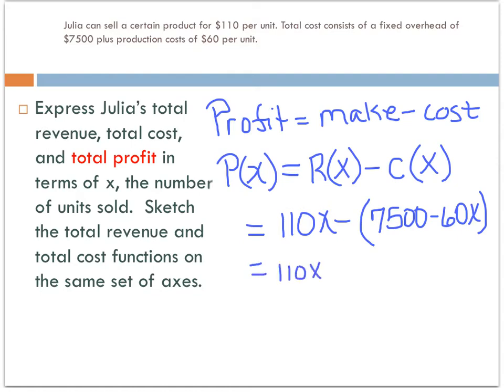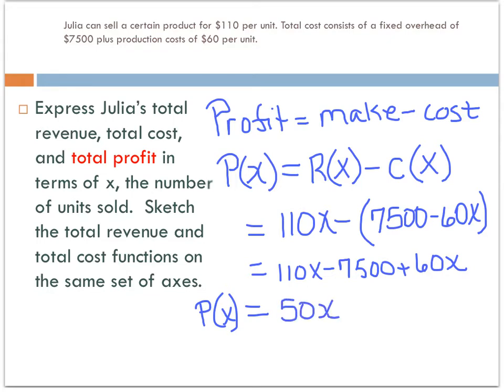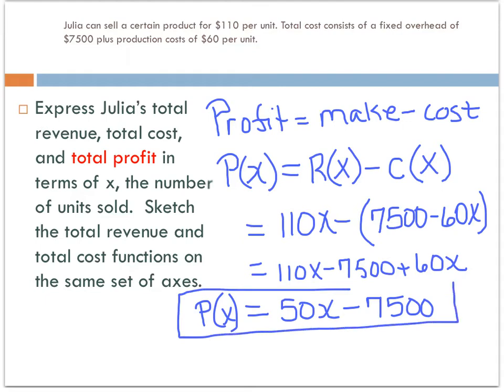So we have 110x minus 7500, plus 60x. Oh wait, that becomes minus 60x because we distribute the minus 1. Ultimately, our profit function becomes 50x minus 7500. So now we've written our profit function as well.